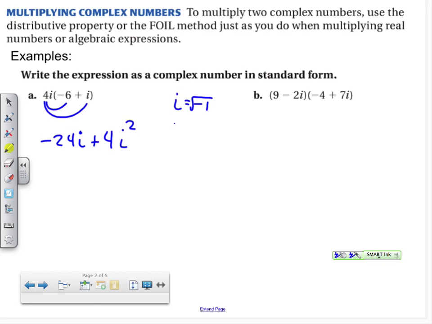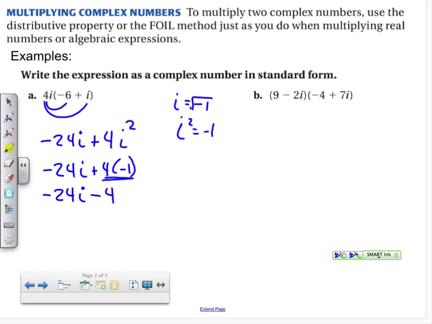So that means i squared is negative 1. So every time I see i squared after I multiply, I need to substitute negative 1 back in. So negative 24i plus 4i squared is really negative 24i plus 4 times negative 1. And that simplifies to negative 4.